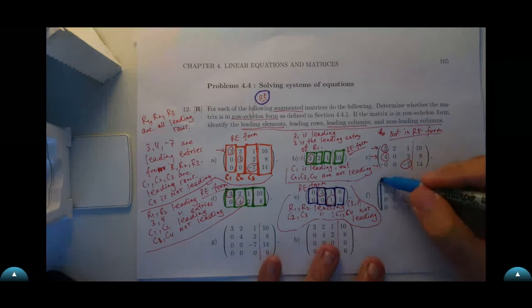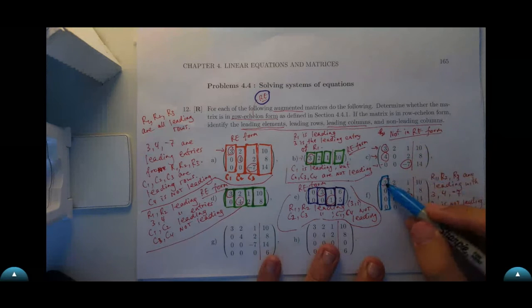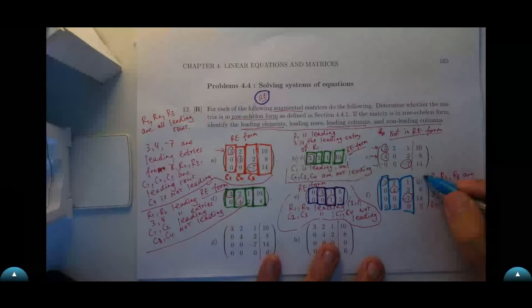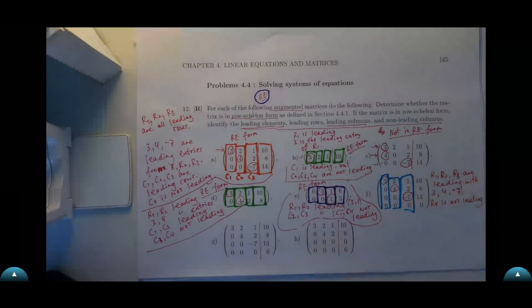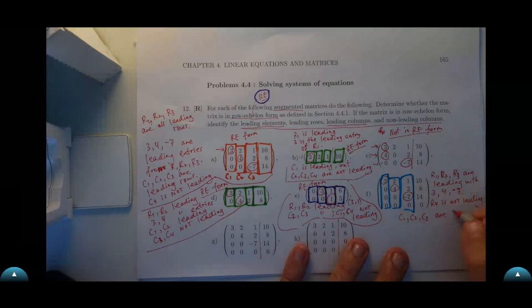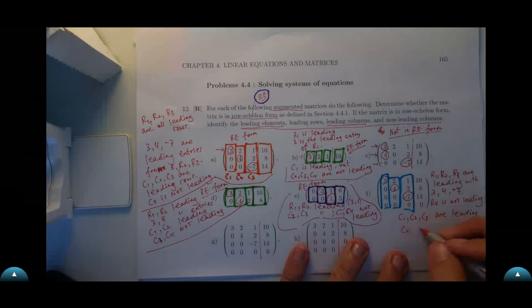If I look at column 1, that contains a leading entry. Column 2 contains a leading entry. Column 3, same. Column 4 doesn't contain any leading entries. So column 1, column 2, column 3 are leading. Column 4 is not a leading column.